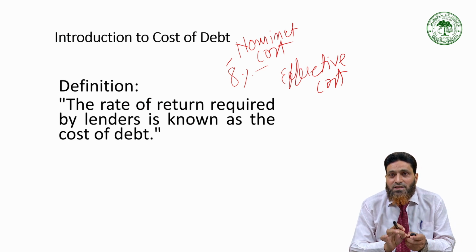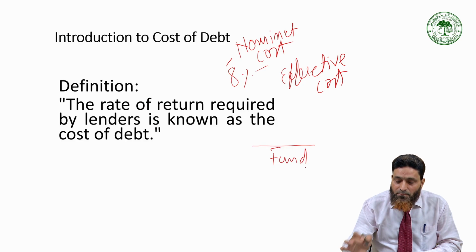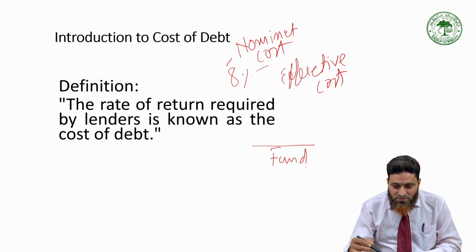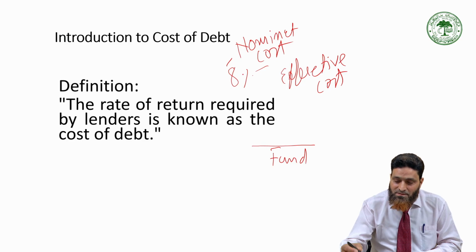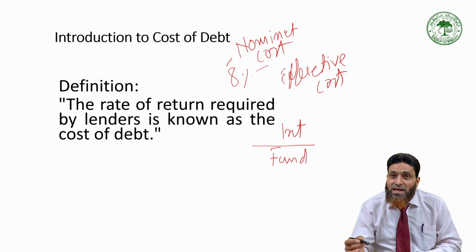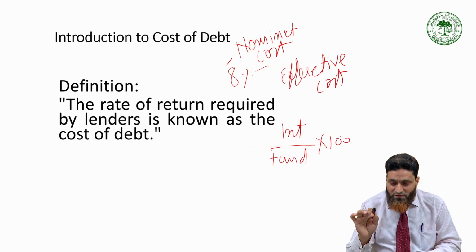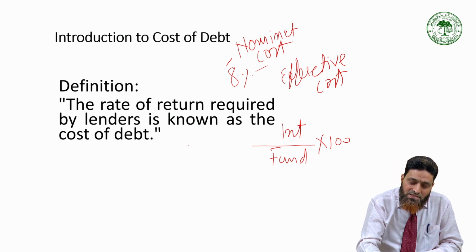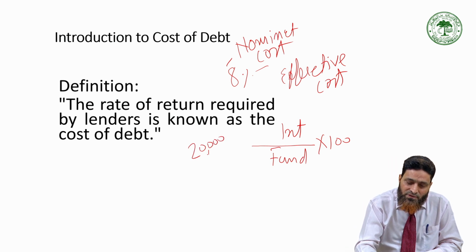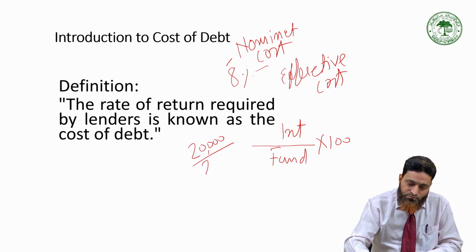I hope you understood. In simple words, whatever amount the company receives, for example this is the total fund the company borrowed, and after borrowing this fund, what the company pays annually in the form of interest or anything else, if you multiply by 100, that will be the cost of debt. Suppose the company pays 20,000 rupees and the actual amount borrowed was 2 lakh rupees.